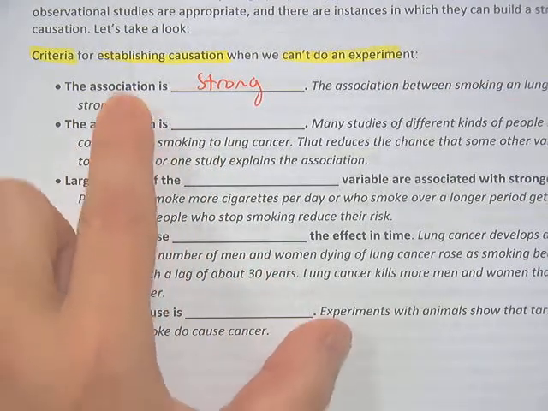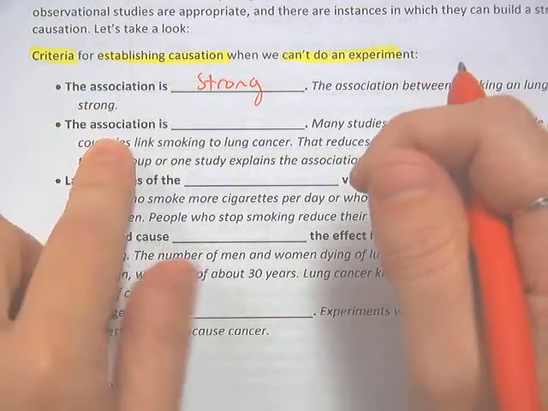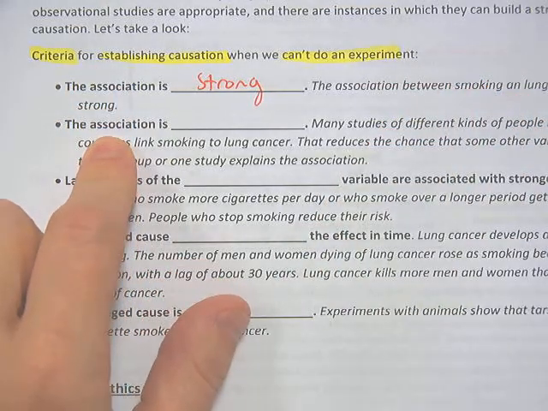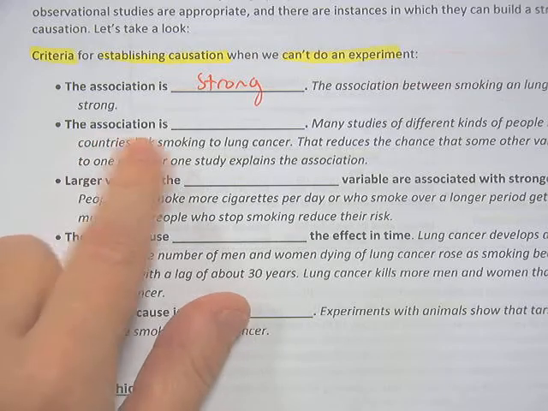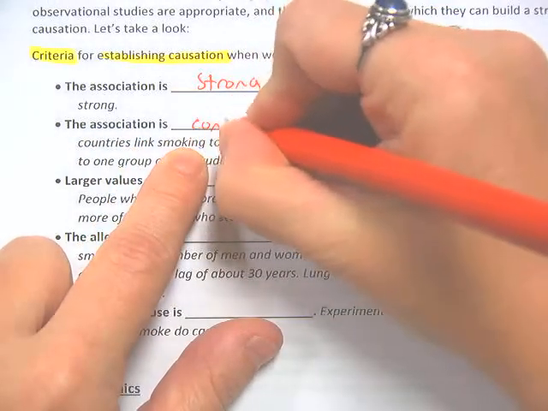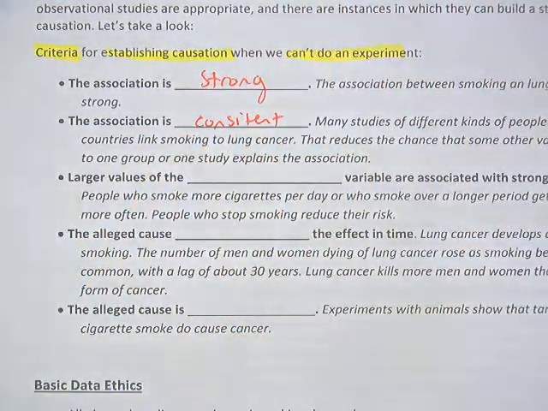The association, and you'll see association a lot in here, doesn't necessarily imply causation, but if it's strong and it's consistent, then you're on the right track to being able to draw some conclusion about cause and effect.